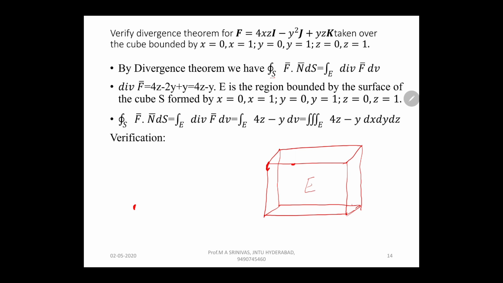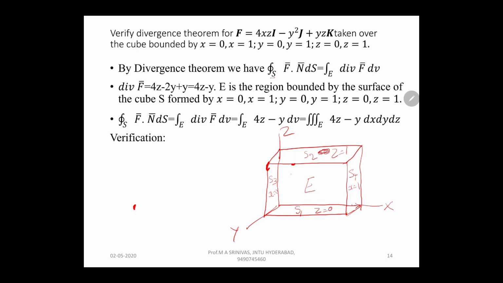This S is a combination of several surfaces. This is my x-axis, this is my y-axis, and this is the z-axis. I'll call this plane S1, which is z equal to 0. Just opposite to that, I'll call it S2, the plane z equal to 1. And this is the YZ plane, which I'll call S3, x equal to 0. This is the plane S4, x equal to 1.